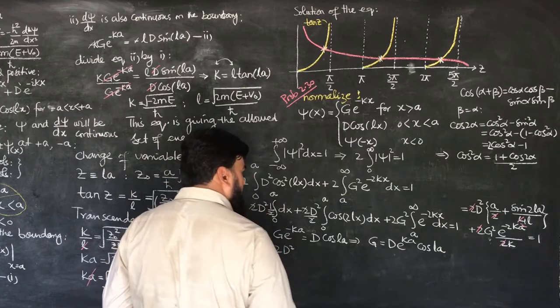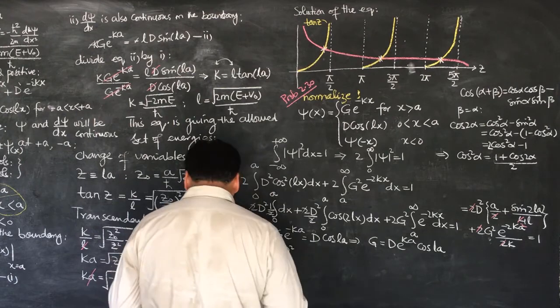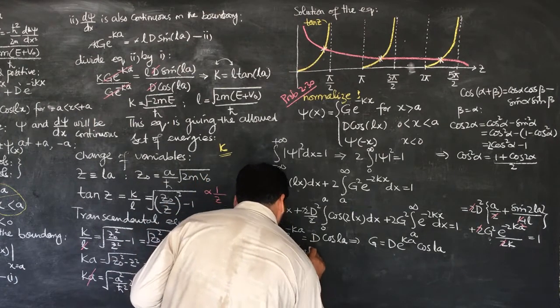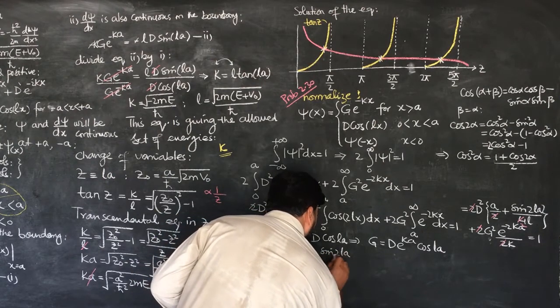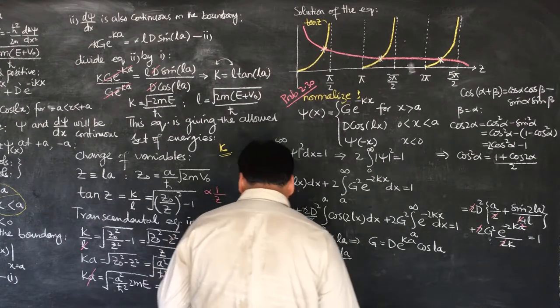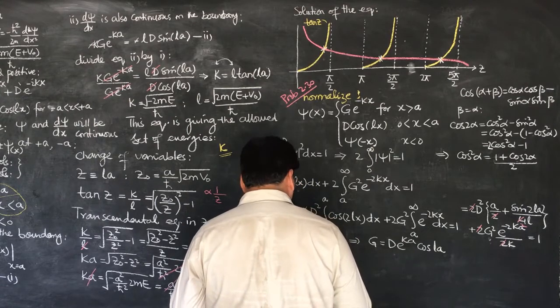d square equal to, and sorry, 2a have cancelled, so d square and a plus sine 2la by 4l and sine 2la by 4l.